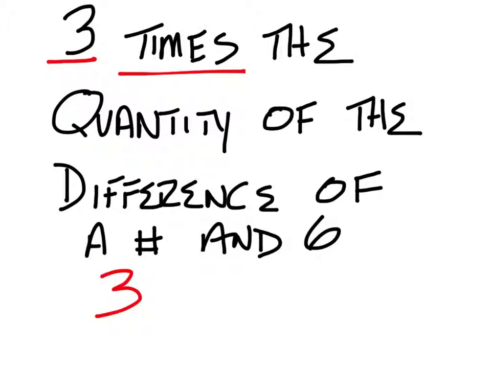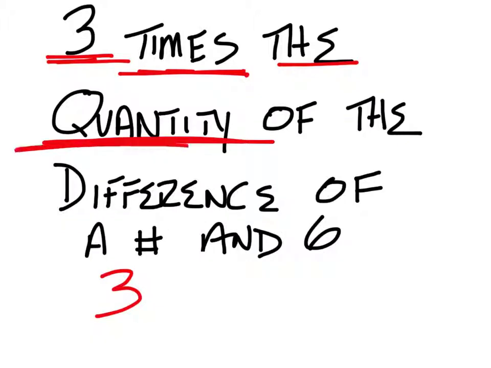The numbers after you get the difference between that number and 6. Close. Yeah, you're right. And actually what he just said is right, but there's a shorter word. There's one word in there that 3 is being multiplied by. Yeah. Difference. No. Close. There's one word that 3 is being multiplied by in there. Yes, quantity. 3 times the quantity. To signify a quantity, what symbols do I use?